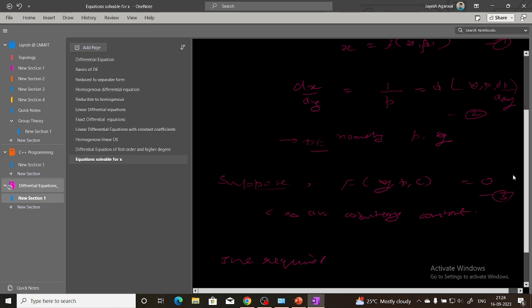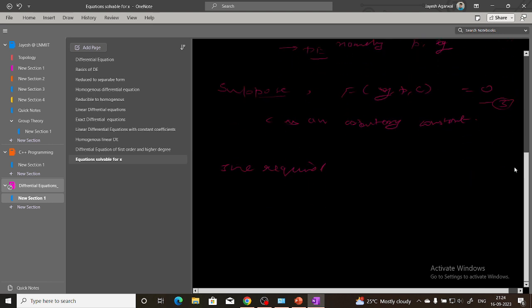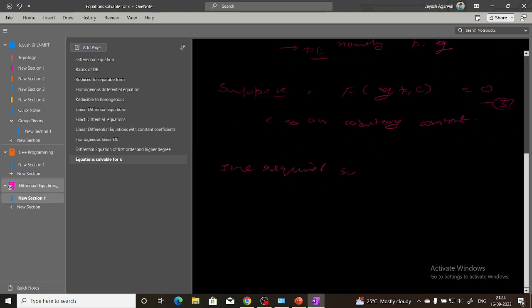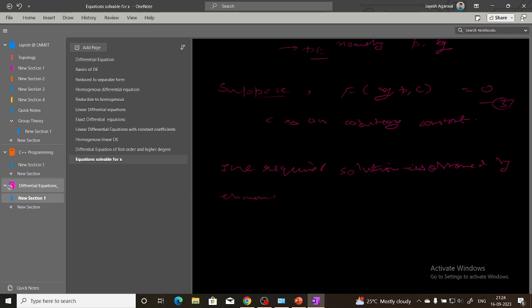So the required solution is obtained by eliminating p between 1 and 3.